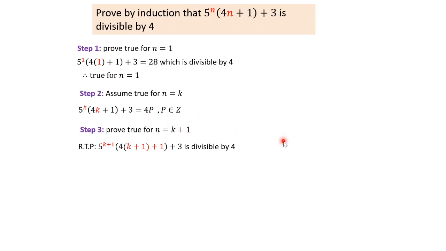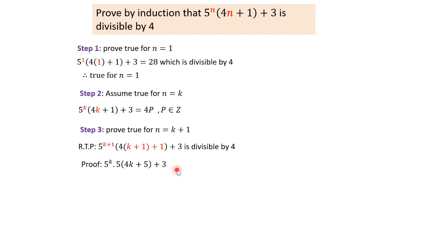Okay, now we've got to prove this. When you're proving anything with exponents, the easiest thing to do is to split any exponent up. So if I've got 5 to the k plus 1, split it into 5 to the k times 5, and then inside this bracket simplified: 4k plus 5 plus 3. Now remember what I said to you? In order to prove this, we've got to get a common factor of 4.